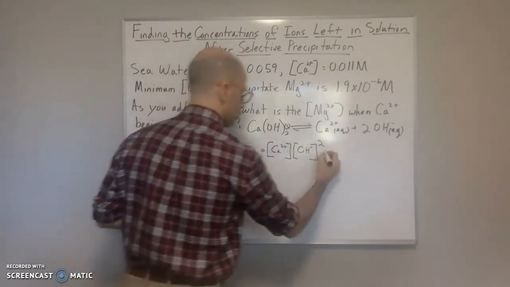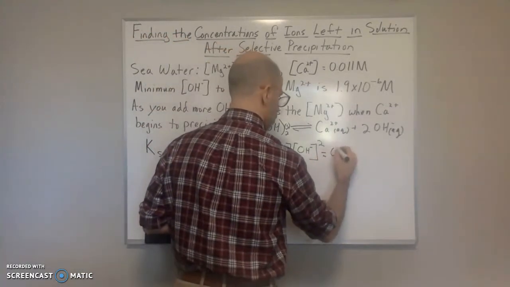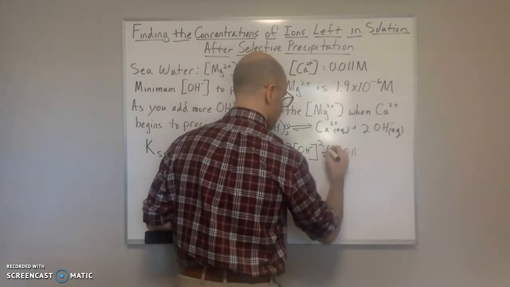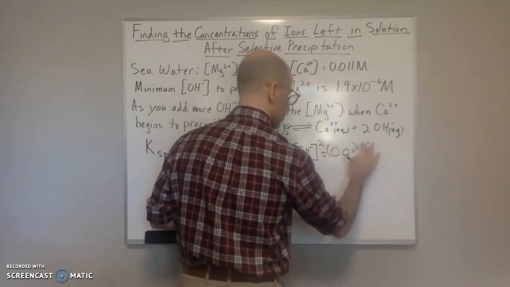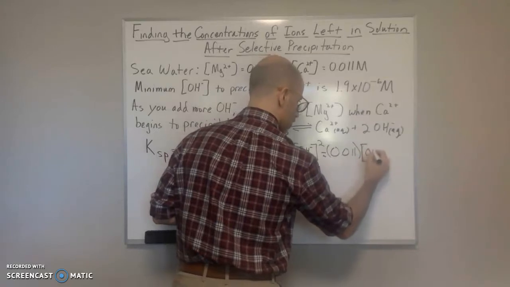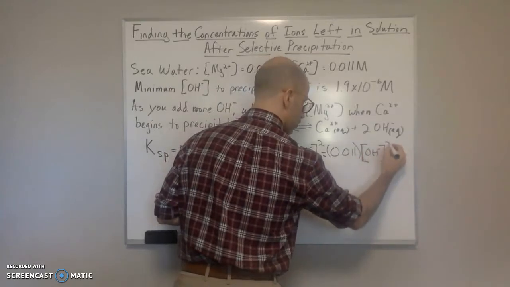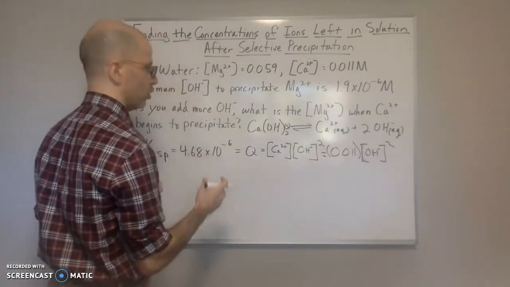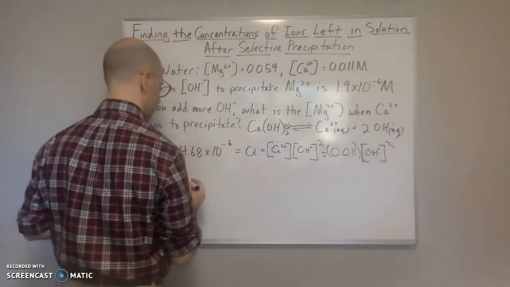So that's going to be equal to 0.011 times the concentration of OH minus squared. And now all we need to do is solve for the OH.